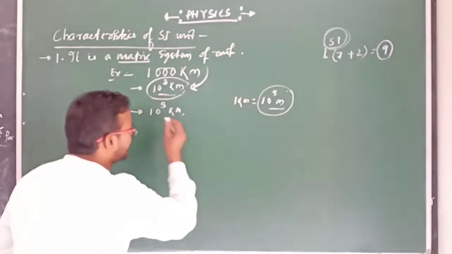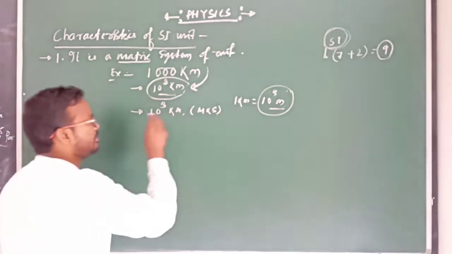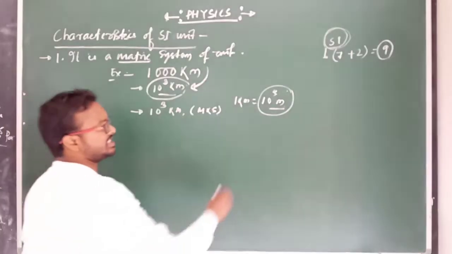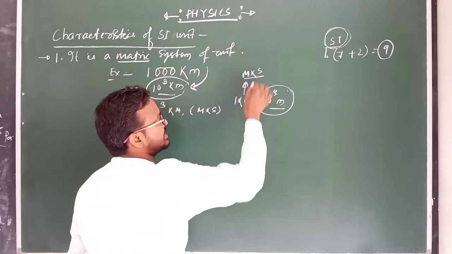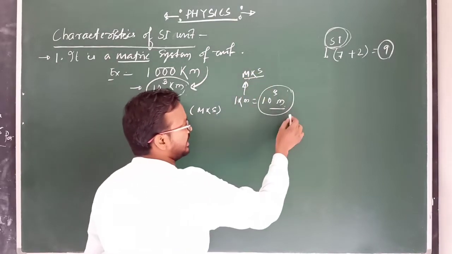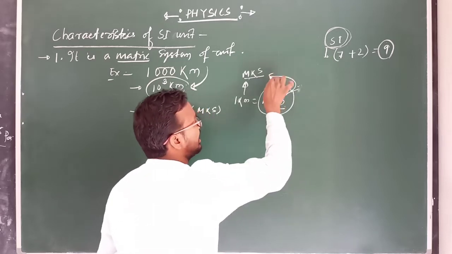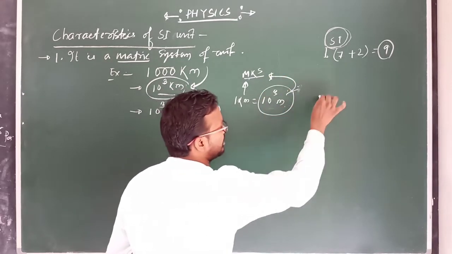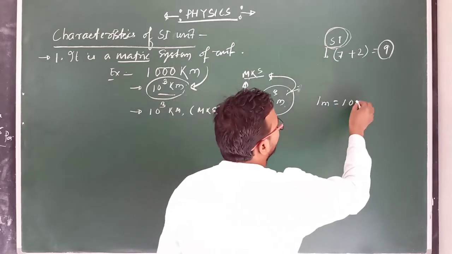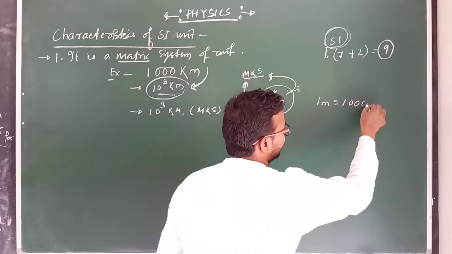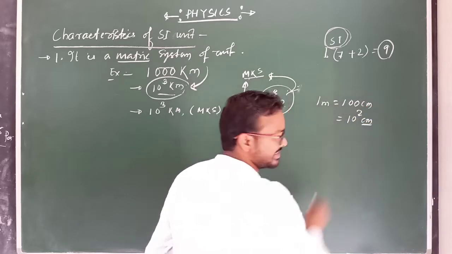This is MKS, meter, kilogram, second. Now if you want to write it in the CGS system, 1 meter is equal to 100 centimeter, or in the metric system you can write 10 to the power 2 centimeter.